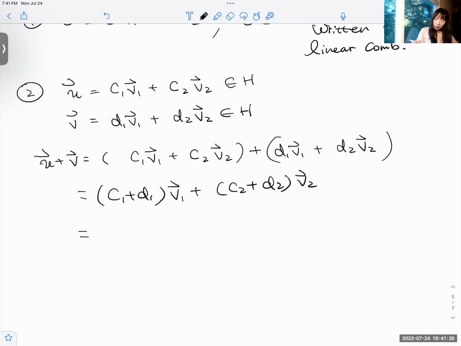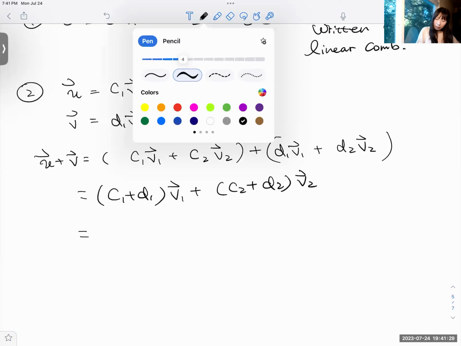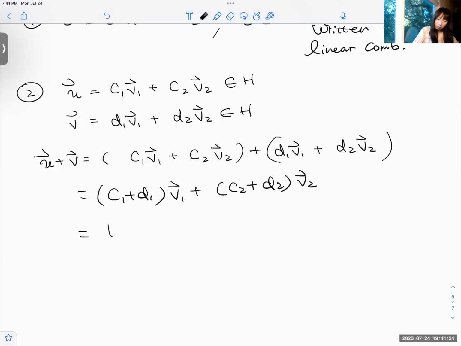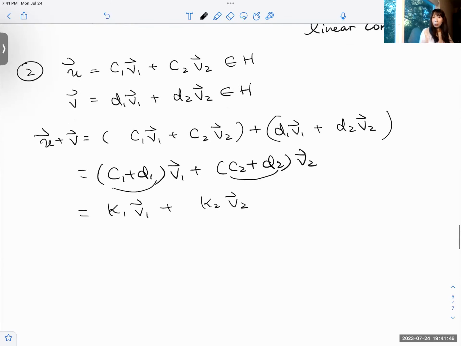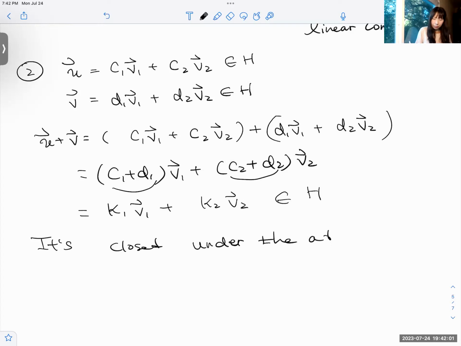We can express this one as k sub 1 V1 plus k sub 2 V2, right? Look, this one also we can express as a linear combination, so this is in H as well. So it's closed under the addition.